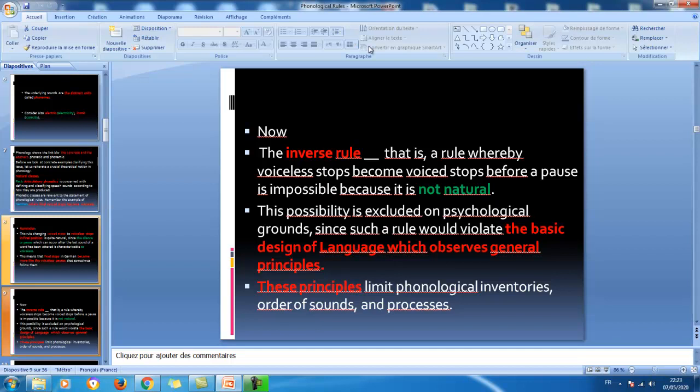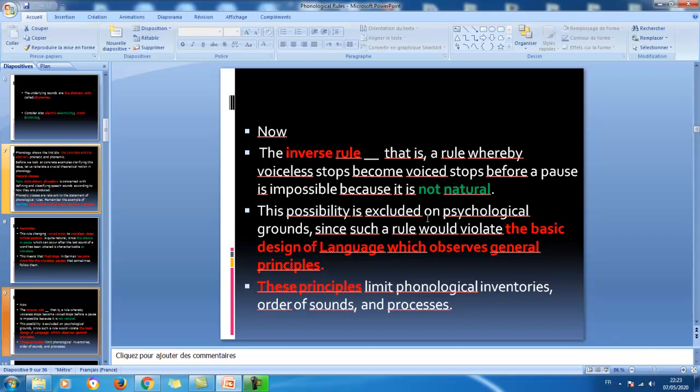Now, this rule runs counter to the nature of language. This possibility, which means that voiceless stops become voiced, is not encountered because it's not natural.